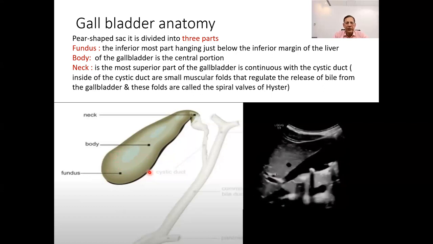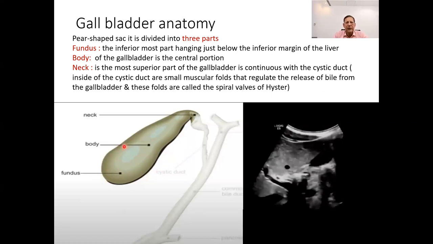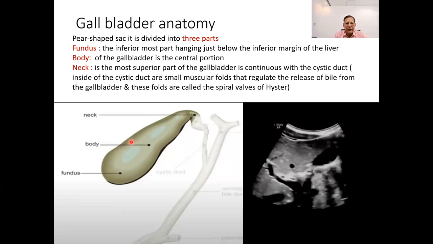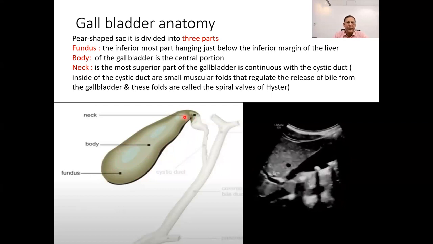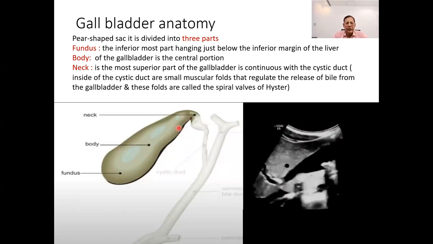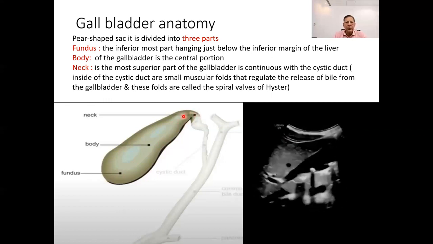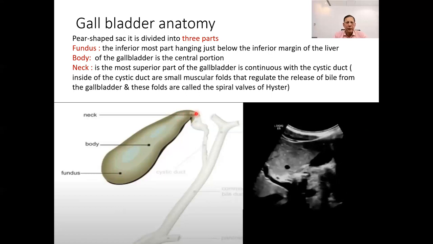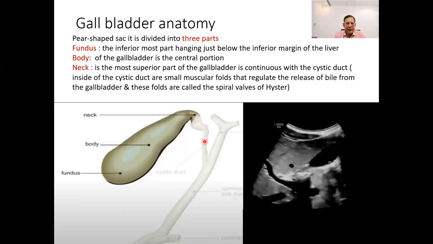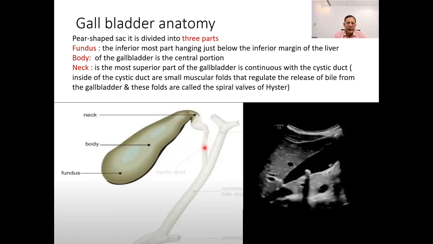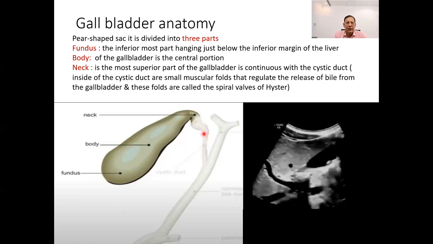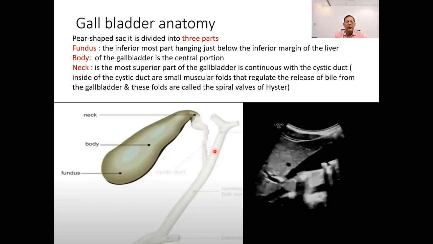The body is the widest or broadest portion of the gallbladder between the neck and the fundus. The neck is considered the narrowest portion of the gallbladder, which continues with a small, thin-lumen or narrow duct called the cystic duct.